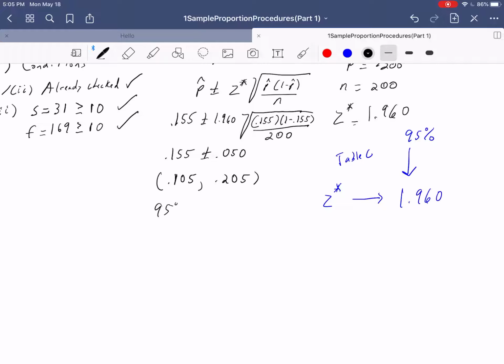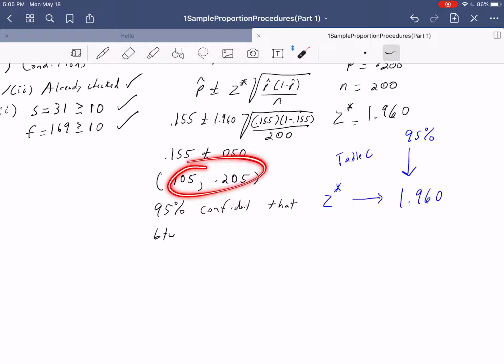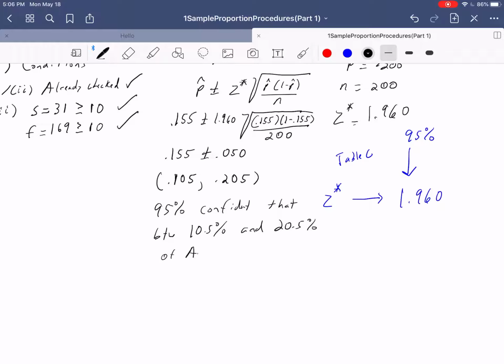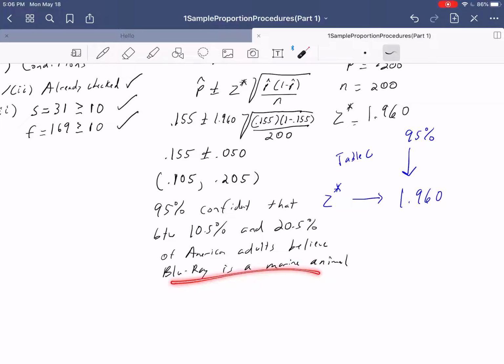So we can say we are 95% confident that, and it might be easier to interpret these as percentages, between 10.5% and 20.5% of American adults believe Blu-ray is a marine animal. So we believe anywhere from about 10.5% of the population to 20.5% of the population believe that Blu-ray is a marine animal.